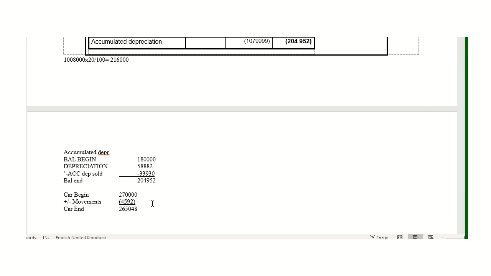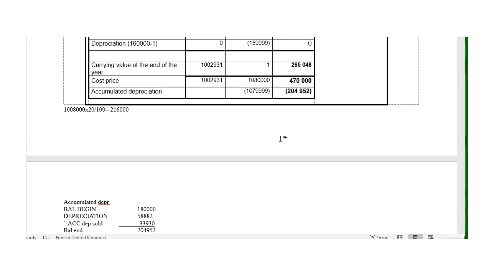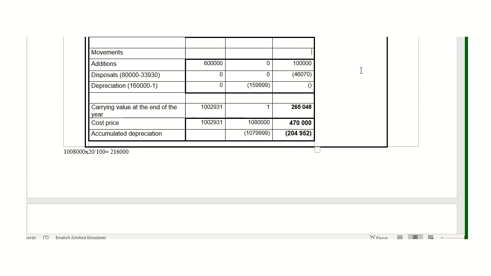Okay, so I now know what the total of my movements is. In other words, that amount is minus 4,952. So if I've got the total, I can work back to the missing item. If it's minus 4,952, then minus 100,000.